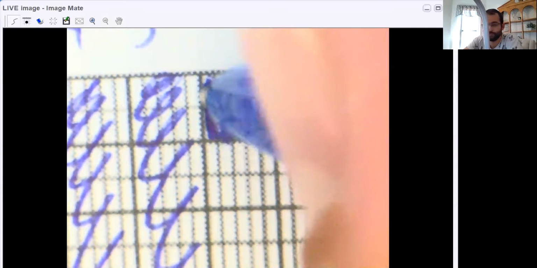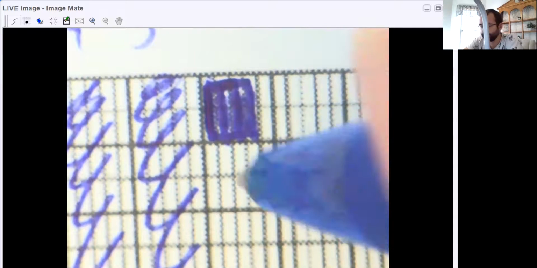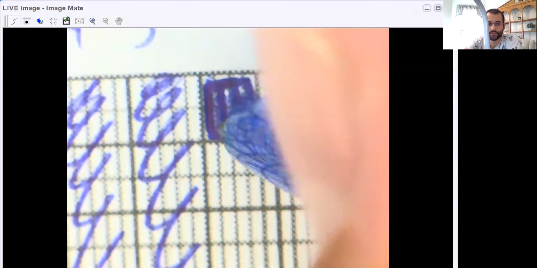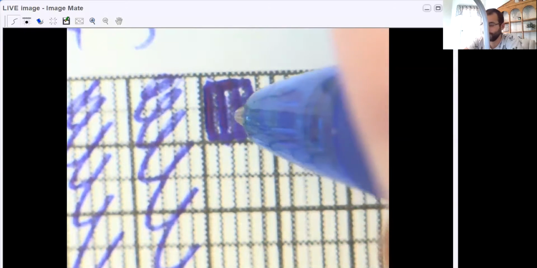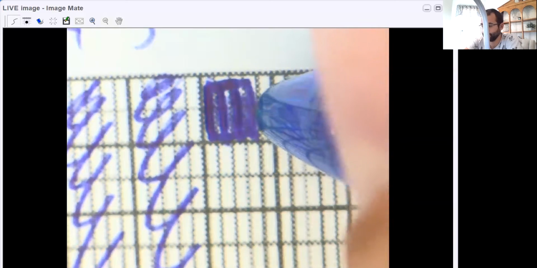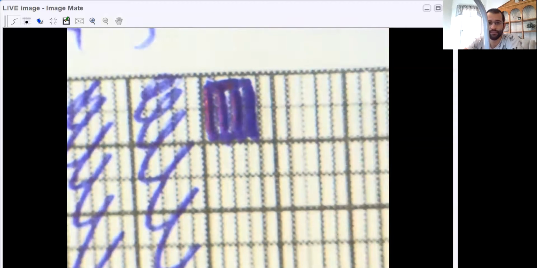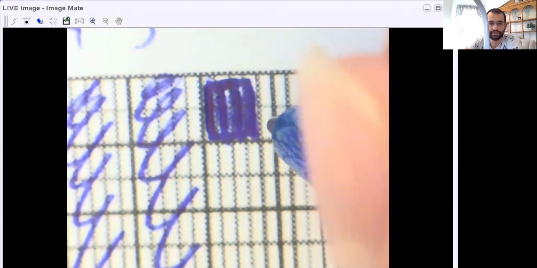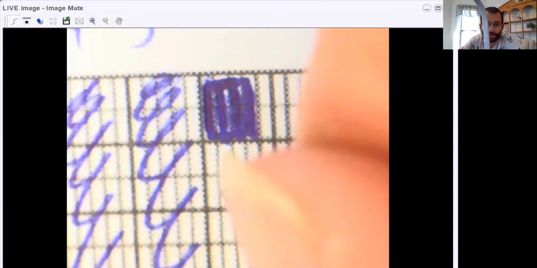So I'm going to come up here and shade. There's 2. There's 4. I'm going to try to do this really carefully. There's 6. And there's 8, which tells me there's going to be 2 left over in that little unit because there's 10 in each unit, just like down here.